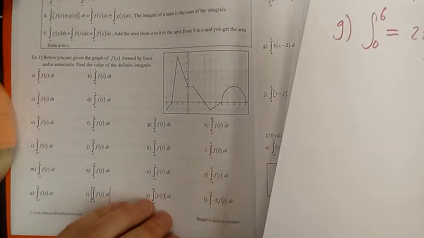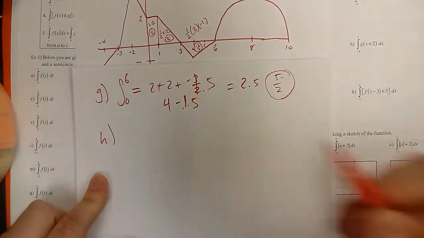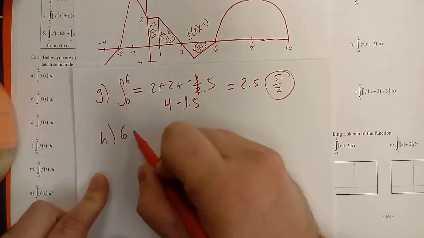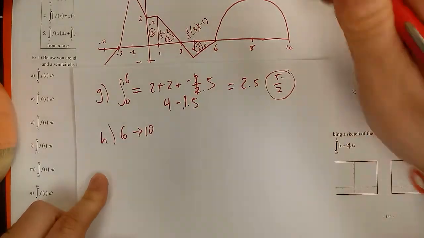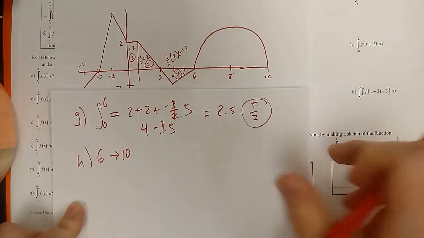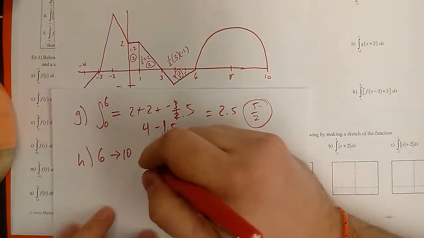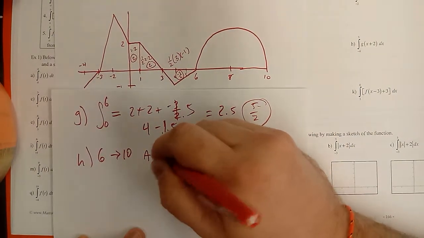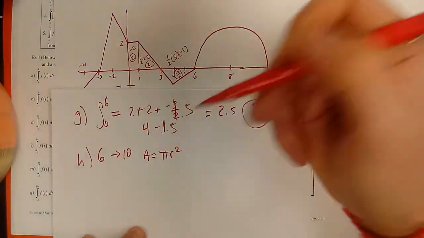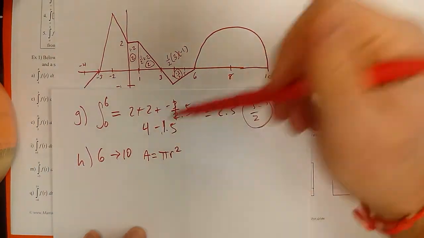And then H says from 6 to 10. Well, if we're dealing with a semicircle, don't we know that the area of a circle is pi r squared? This is a formula you are assumed to know on the AP exam.